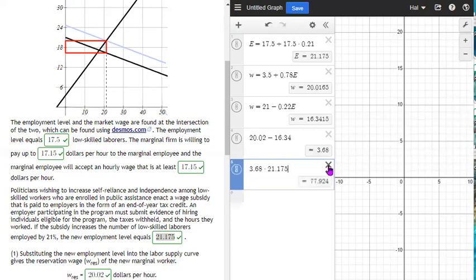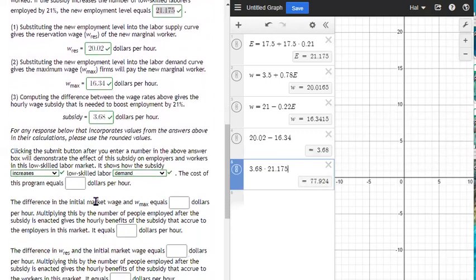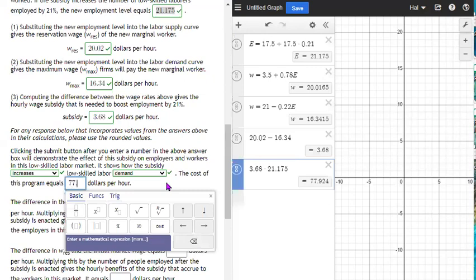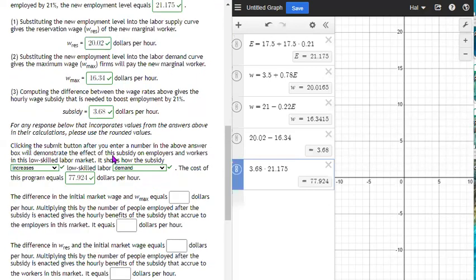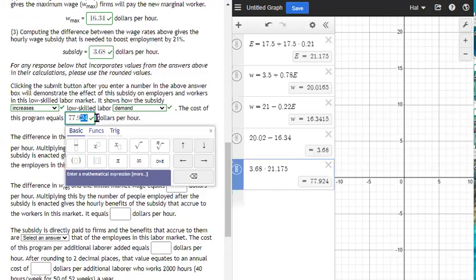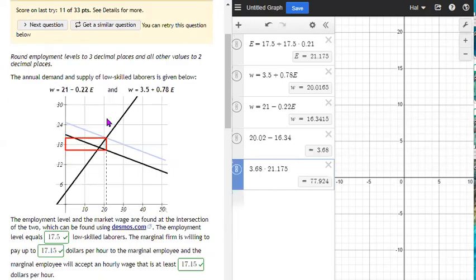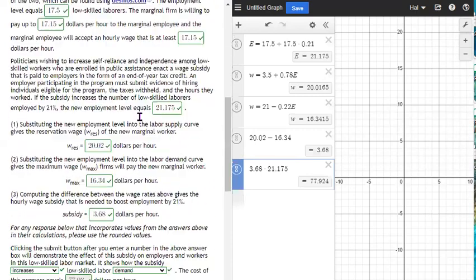We'll just go back to the hourly cost, right? So it's $77.92 per hour, right? And again, this is millions, if we're talking about millions of low-skilled workers, right? So $77.924 per hour. Oh, I need to make this 2 decimal places, right? Dollar values are in 2 decimal places.